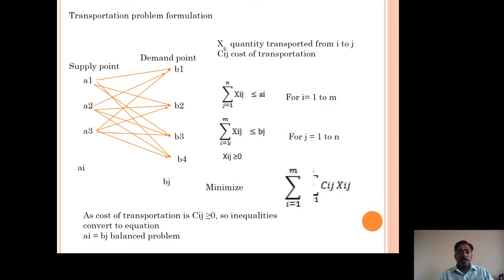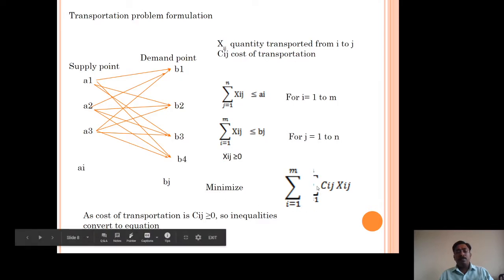In case of demand, Xij should be less than or equal to Bj. The objective is the summation of Cij Xij, from i equals 1 to m and j equals 1 to n, which is a little bit not visible here. And the cost of transportation cannot be negative, so Cij must be greater than or equal to 0.